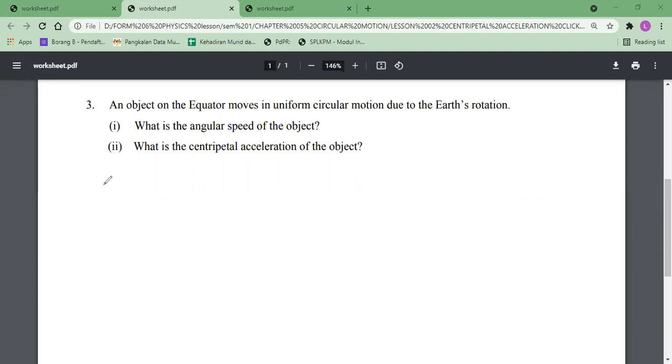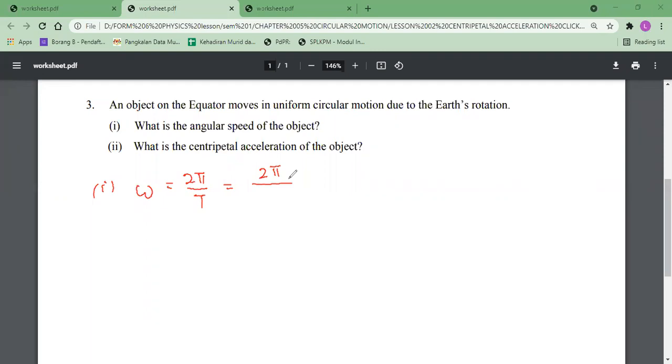Angular speed omega is equal to 2 pi over T. An object on the equator moves in uniform circular motion due to the Earth's rotation. What is its angular speed?